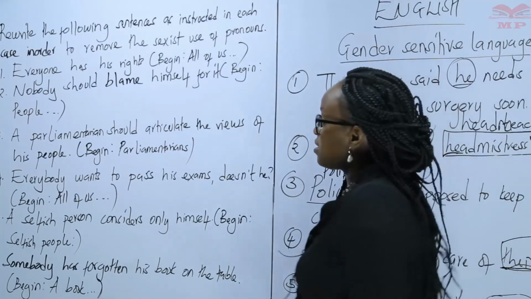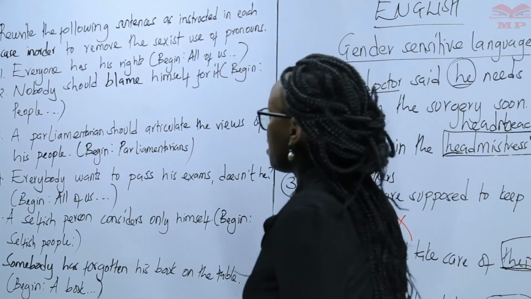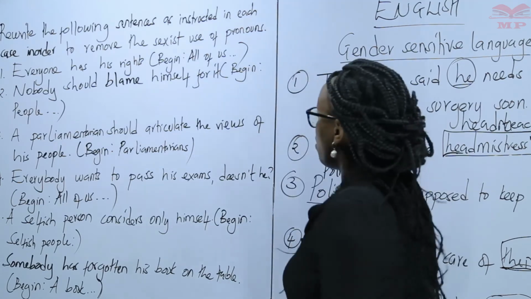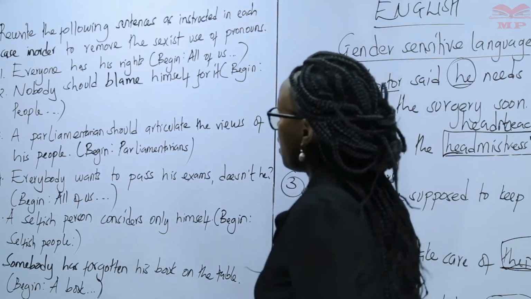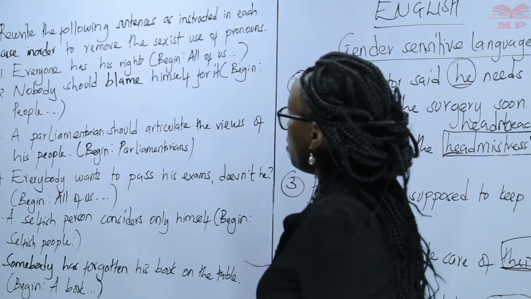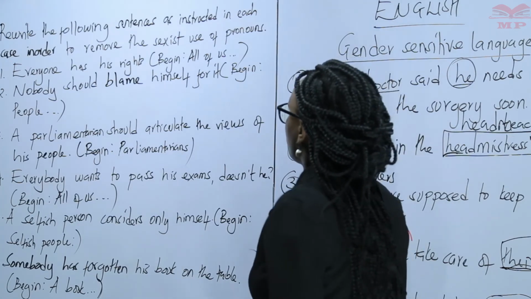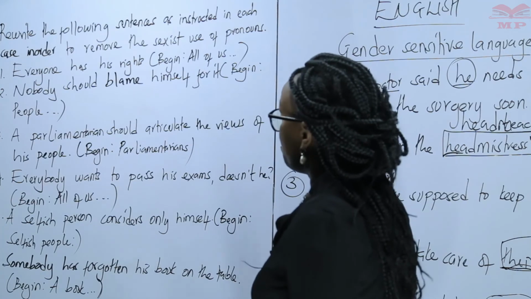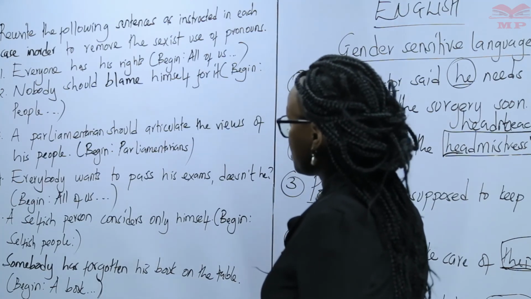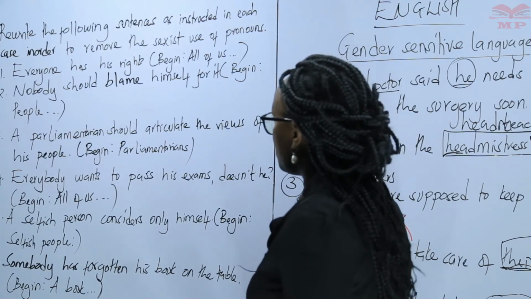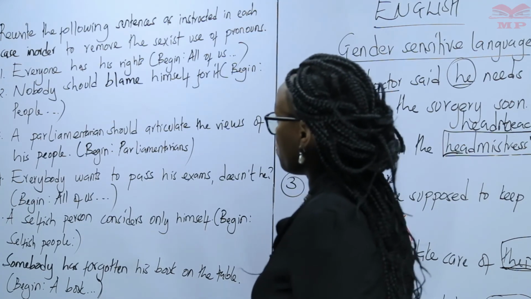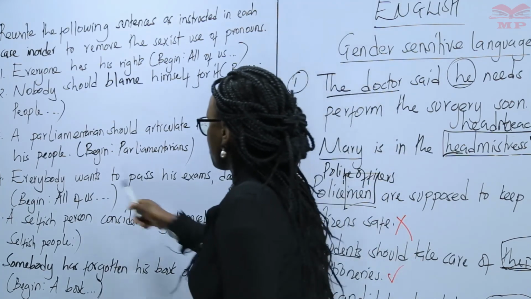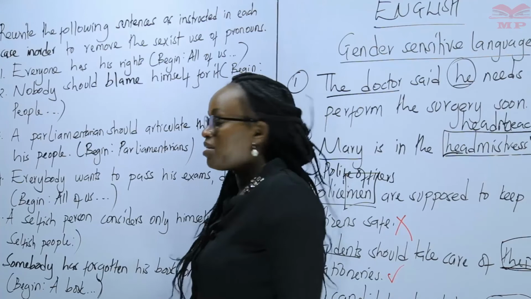The first sentence, everybody has his rights. Then you are asked to begin with all of us. The second sentence, nobody should blame himself for it. Then you're asked to begin with people. Then another sentence, a parliament should articulate the views of his people. Then you're asked to begin with parliamentarians.